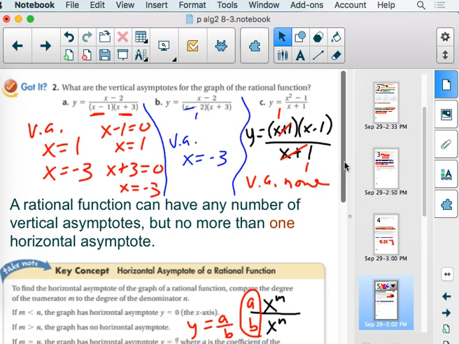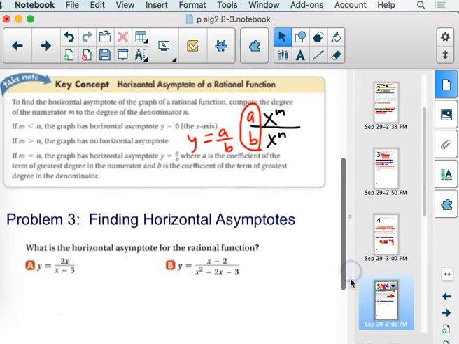Vertical asymptotes are the zeros from the denominator that don't cancel. We might want to add that on there. They don't cancel. So for number 2, vertical asymptotes at zeros of the denominator at the bottom that don't cancel. And then horizontal asymptotes, back to the degree. If the degree of the top is less than the degree of the bottom, it's y equals 0.